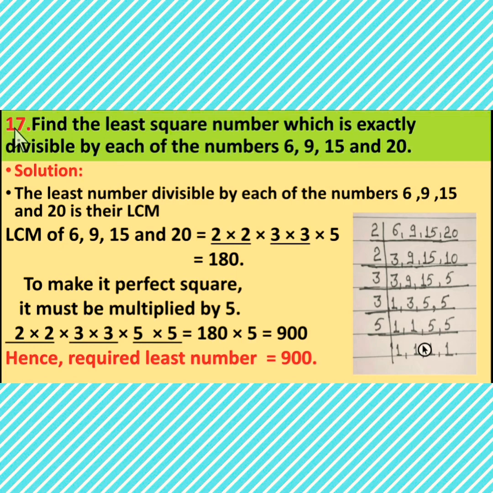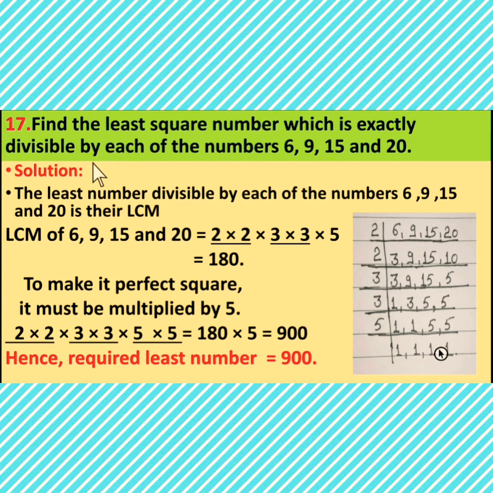Next is question number 17. Find the least square number which is exactly divisible by each of the numbers 6, 9, 15 and 20. You can see that we have to find the least square number, not just the least number. So we have to find the least number that is also a perfect square number.